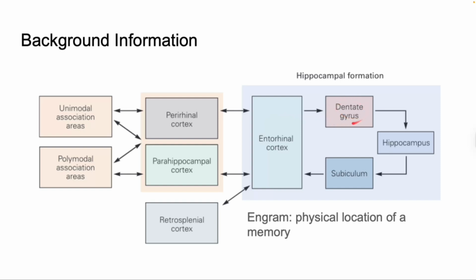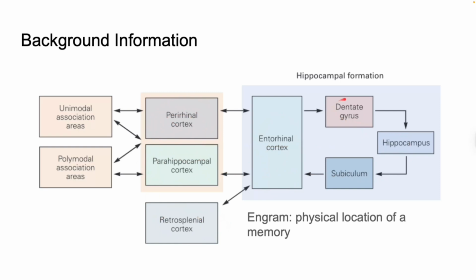And those memory cells are going to activate the hippocampus, which includes CA2, CA1, and CA3. Then the hippocampus forms a loop back with the entorhinal cortex that retrieves the memory from all of the cortices: the retrosplenial for time-based memories, the parahippocampal for spatial memories, and the perirhinal for these other association areas.